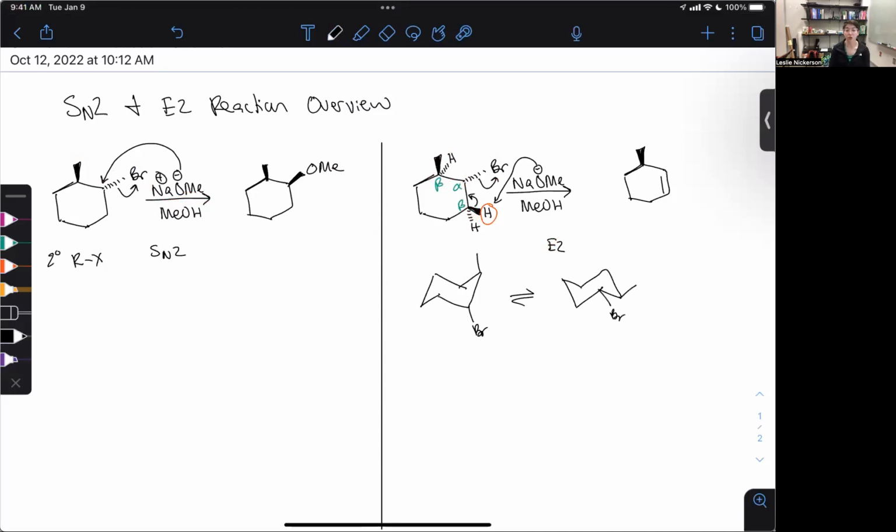So in these two chair conformations, when I have my bromine equatorial, we actually cannot do an E2 reaction when the bromine is in the equatorial position because we are not able to get anything anti to it. We can't get any H's anti. So this is not going to actually do a reaction.